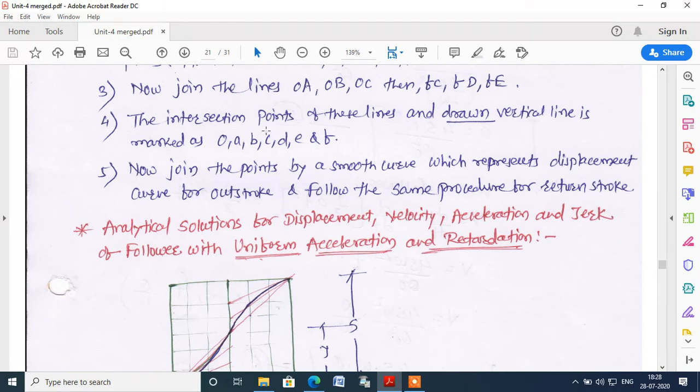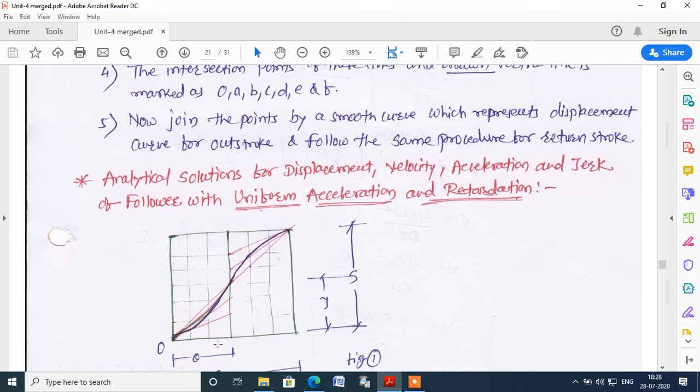The intersection points of these lines and the drawn vertical lines are marked as small a, b, c. So here these vertical lines and this line will intersect here, this is point a, this intersect point b, this line and this line intersect point c.